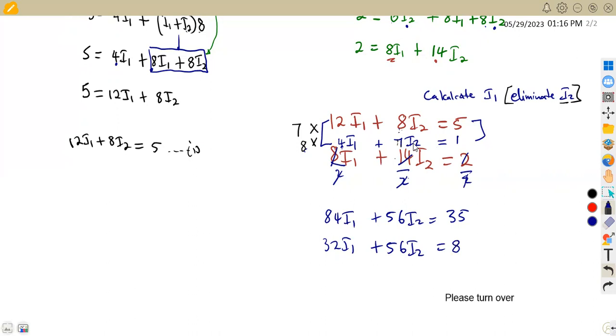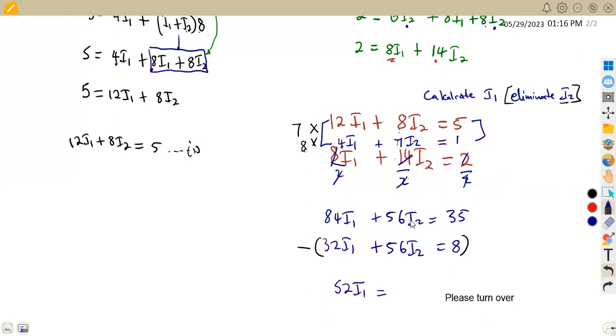So if you take note properly here, we can eliminate I2 since these two are the same, 56 I2. We can remove this by subtracting. This is positive and this is positive, so if the signs are the same, you can simply subtract. So that's 84 I1 minus 32 I1, which gives us 52 I1.